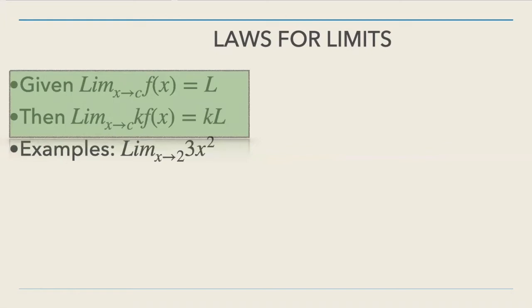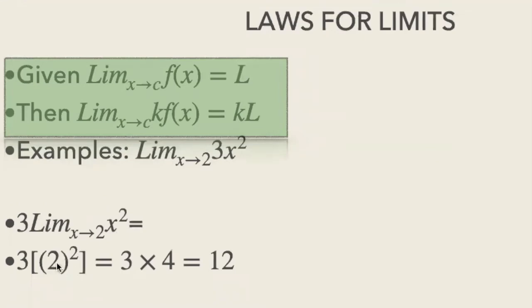Now, from here, we can factor out the 3, which is the constant. So the 3 represents k, and find the limit as x tends to 2 for x squared. Replace x squared with 2. So 2 squared is 4, so 4 times 3 is 12.